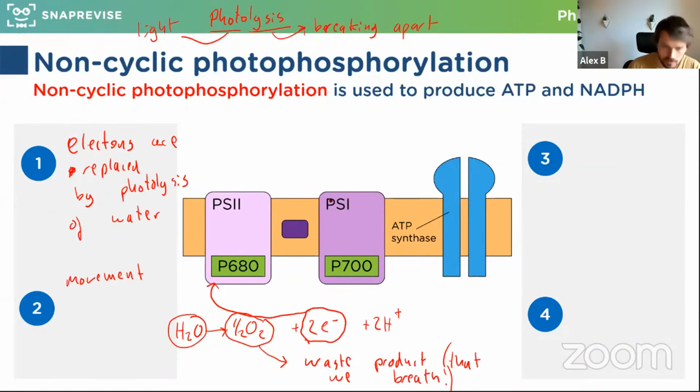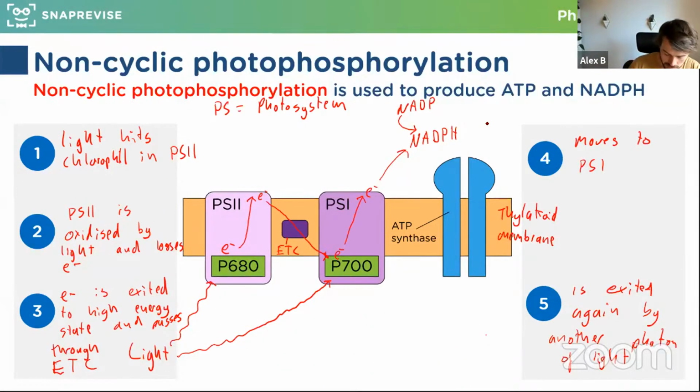So we've explained how the electrons are replaced. What is also happening is as the electron moves through the electron transport chain, it's moving from a high energy state, or an excited state, you can call it either, to a lower energy state. So it releases energy as it goes through. That energy isn't wasted, it's used to pump hydrogens across the membrane.